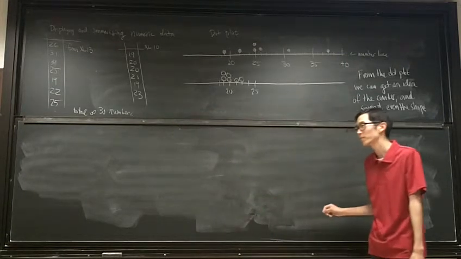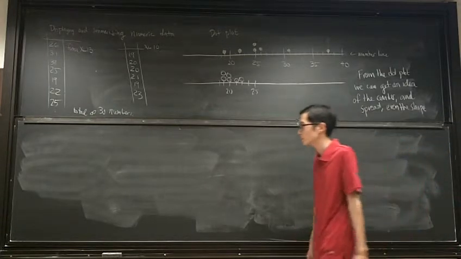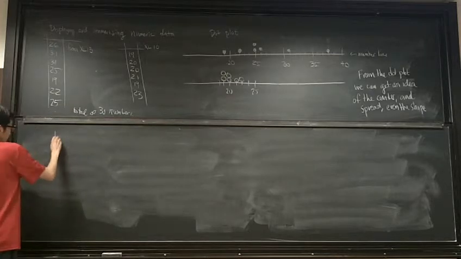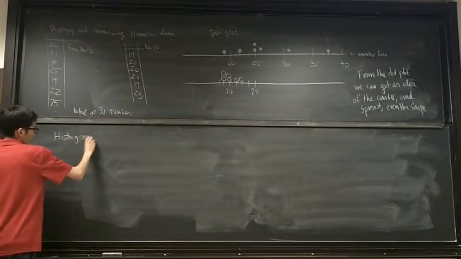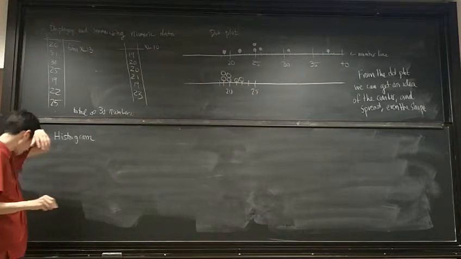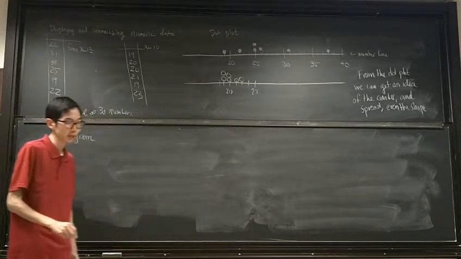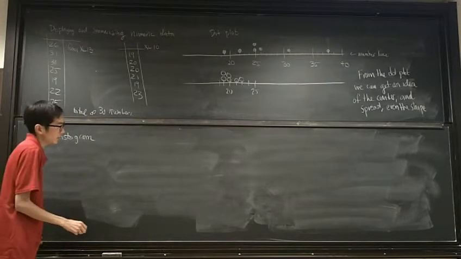and so for tools that handle a little bit more data, one of the tools that we use to display it is a histogram. A histogram looks kind of like a dot plot, except we don't put any dots, and we put bars up on the histogram.